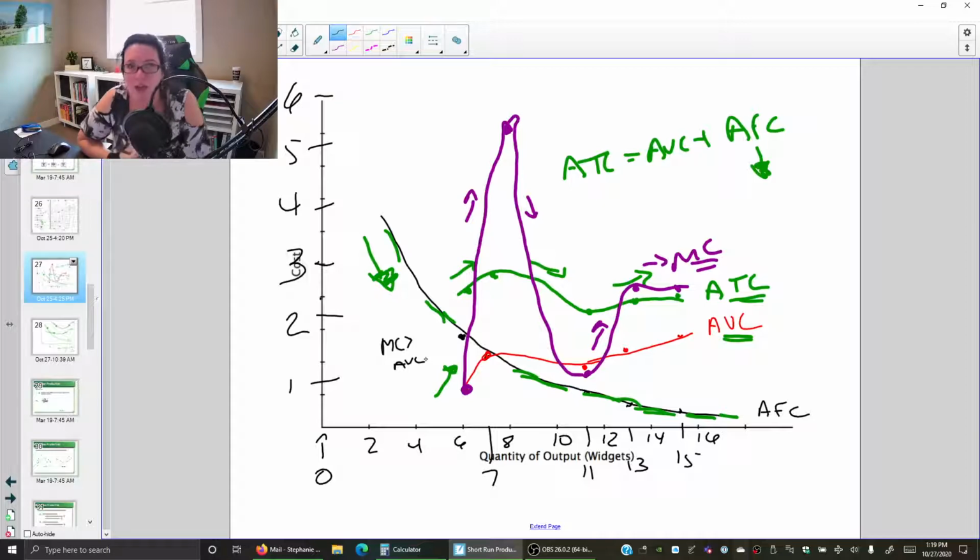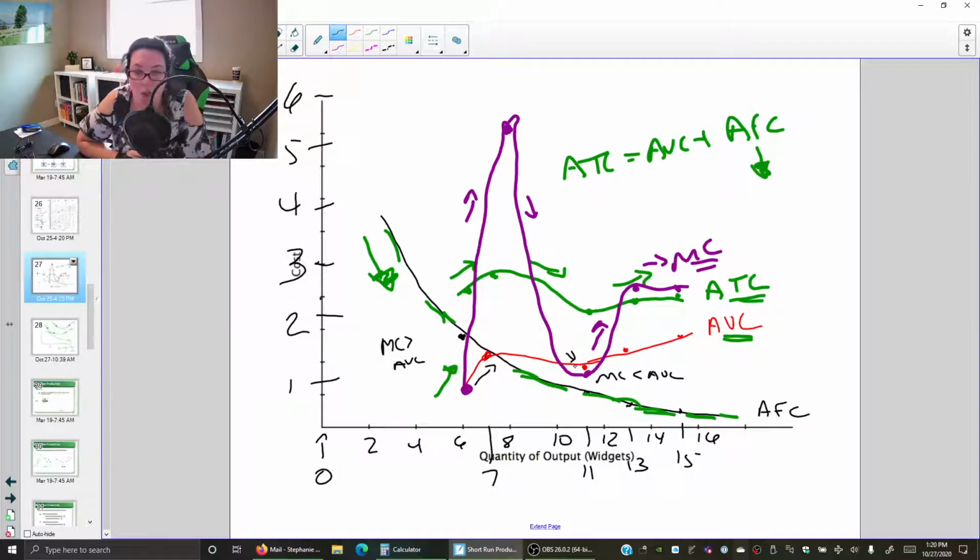And if the extra cost to make a widget is more than the per unit cost, what is going to happen to that average? It's going to pull it up. And when the marginal cost is below the average variable cost, it's going to pull the average down.